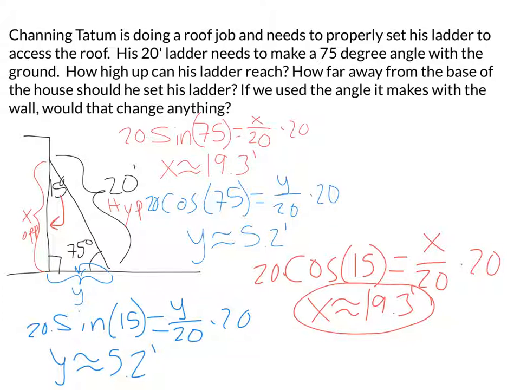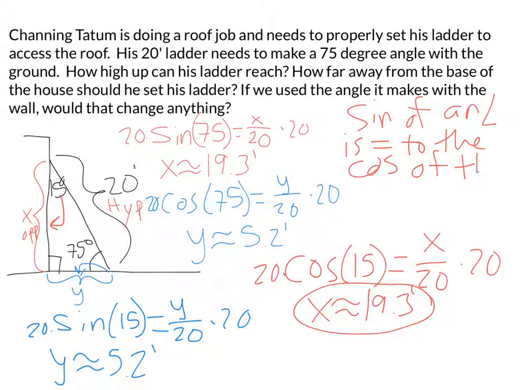So there are multiple ways of setting these up. These trig functions are quite interesting, in fact. So the general idea is the sine of an angle is equal to the cosine of the complement of that angle.